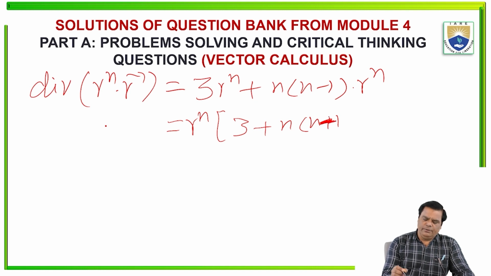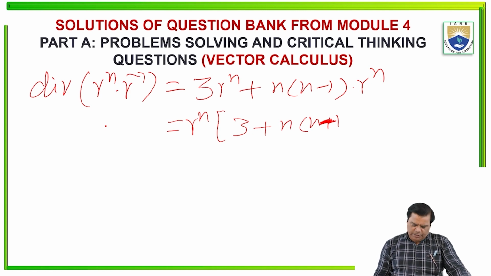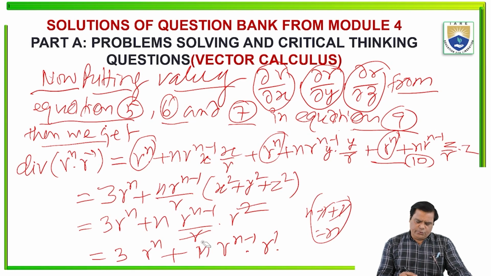So we have rⁿ, n into rⁿ⁻¹ r², n into rⁿ. Here it is 3rⁿ, so n is not there.